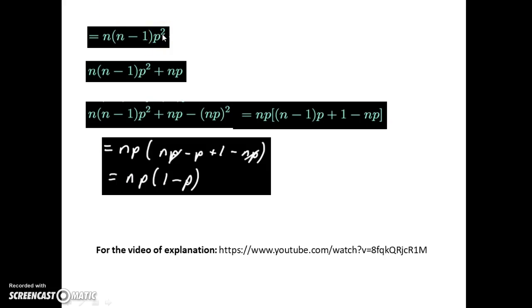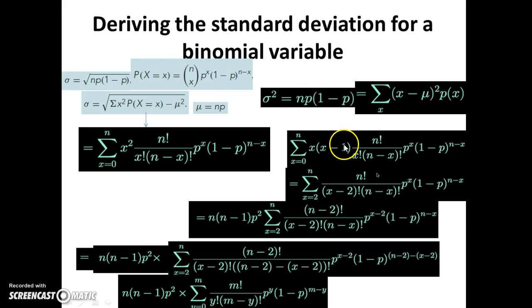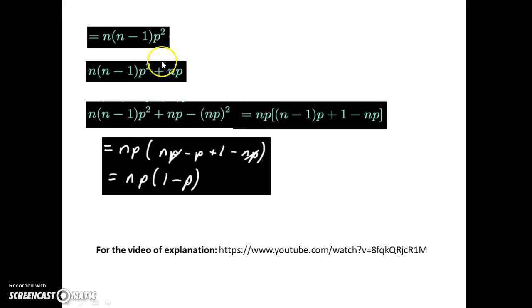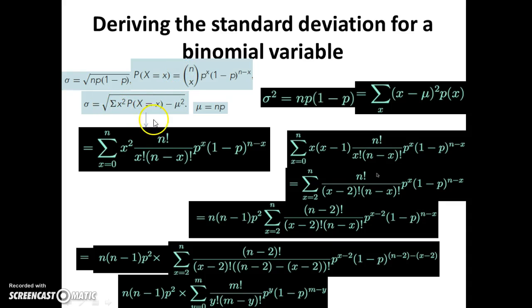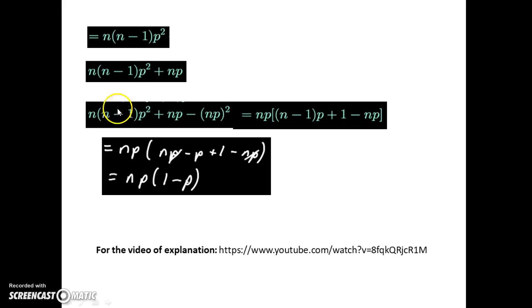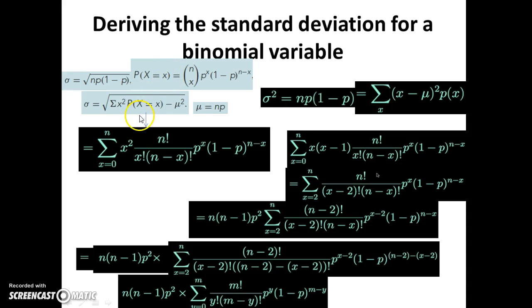So remember in here, because I excluded one in here, which is np, now I add np in here. And let's go back here. So this expression in here equals n times (n minus 1) times p squared plus np.